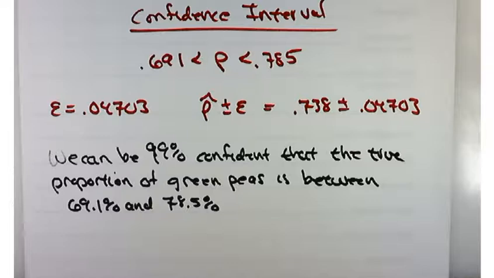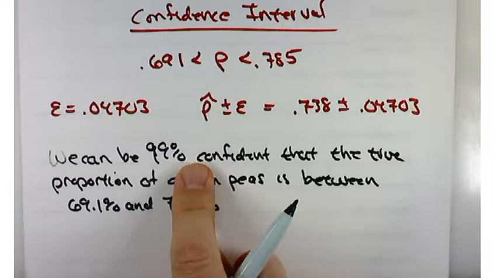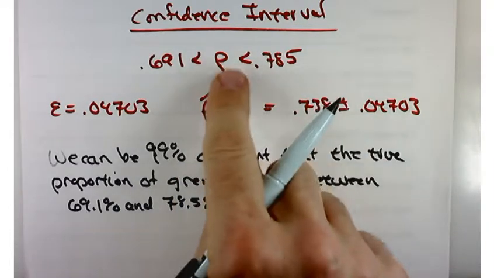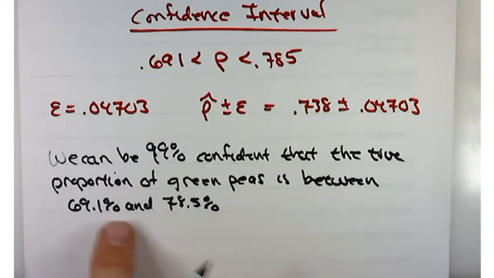Again, you're hitting all the right buttons. You express your level of confidence. You describe what the parameter is, and then you give the confidence interval. So those three things should be part of your statement here. Please don't use the word probability in this.